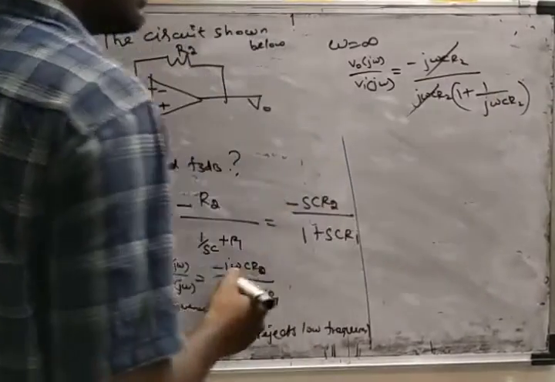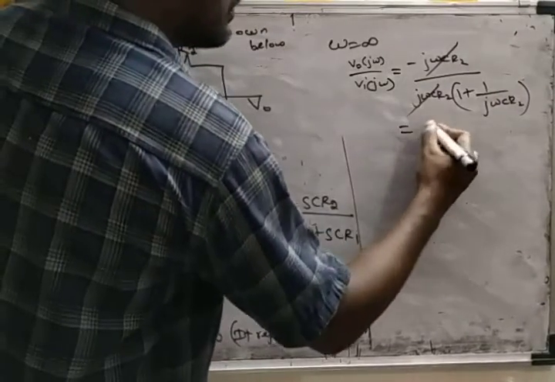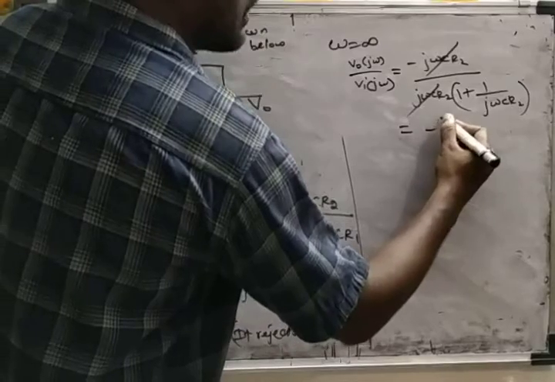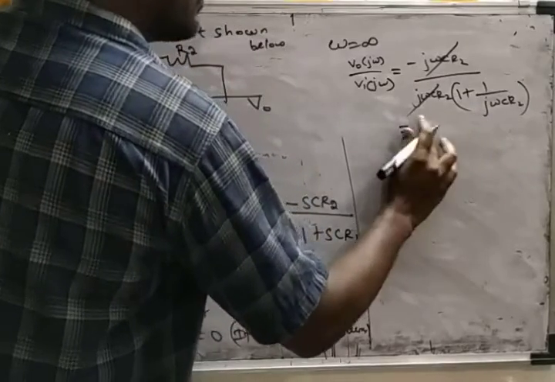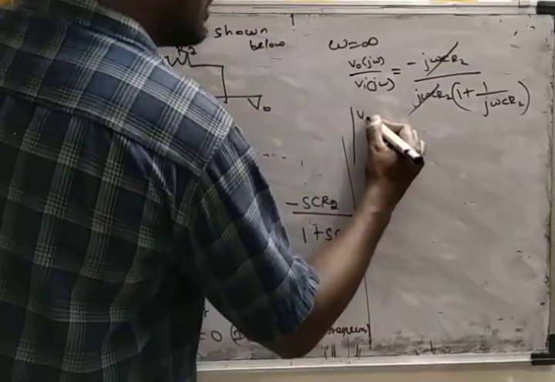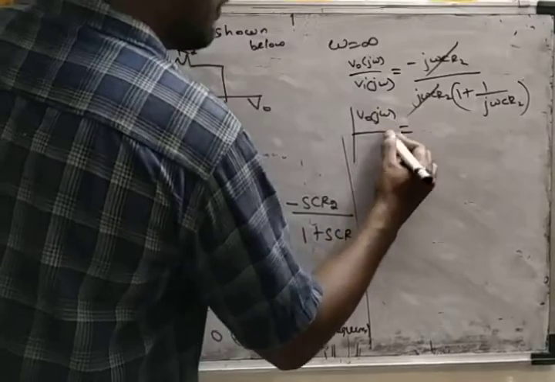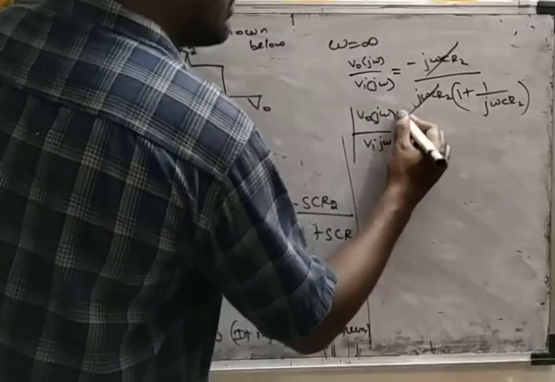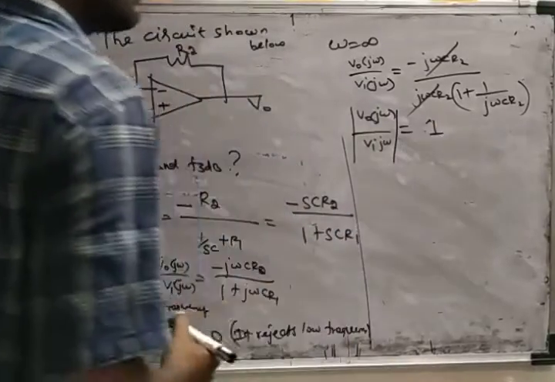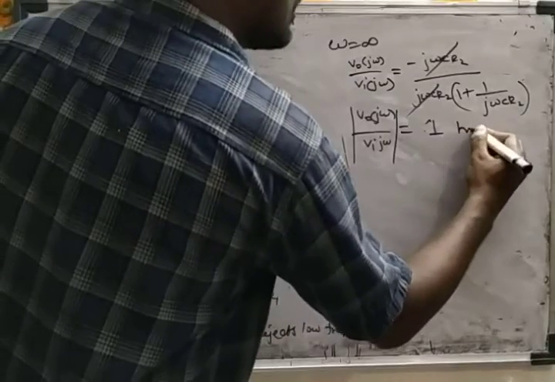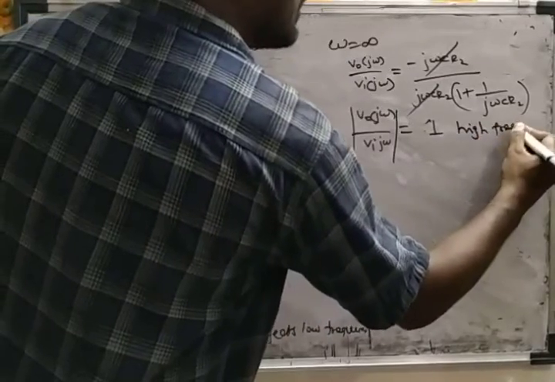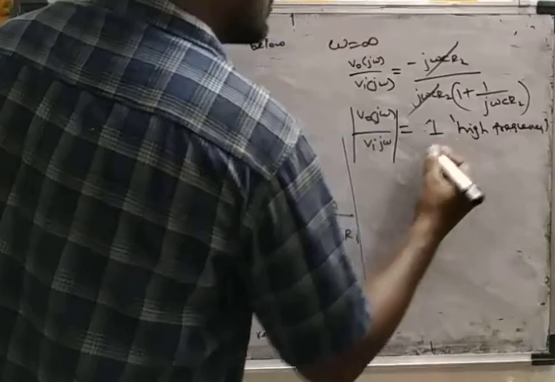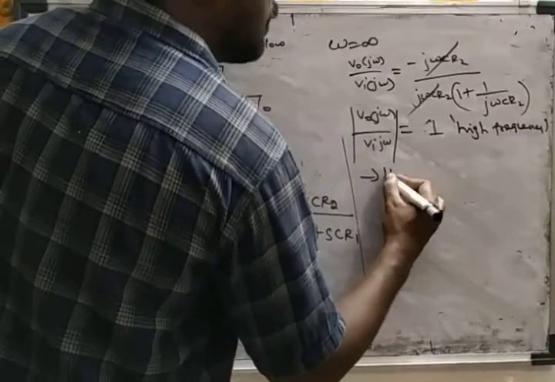This will be cancelled, so this will be minus R2 by R1. So it allows high frequency. So it is a high pass filter.